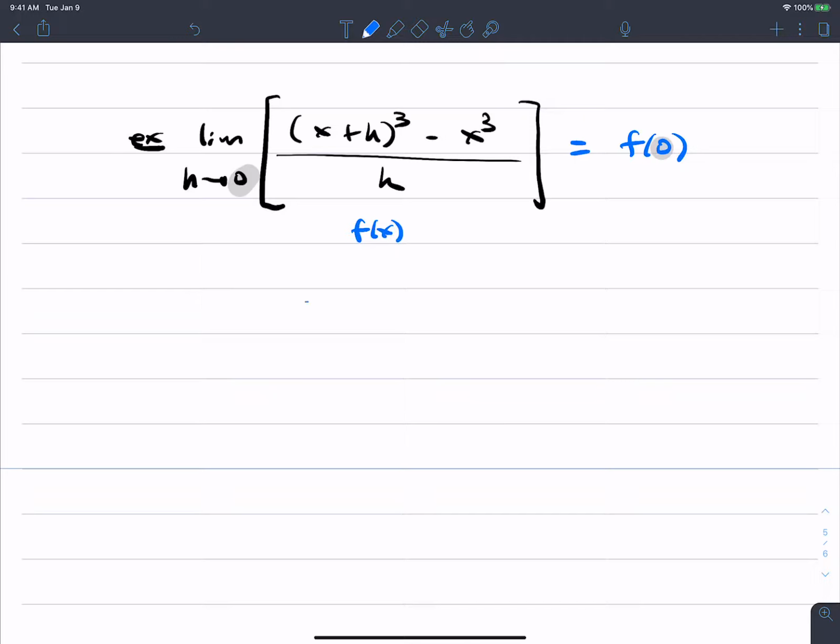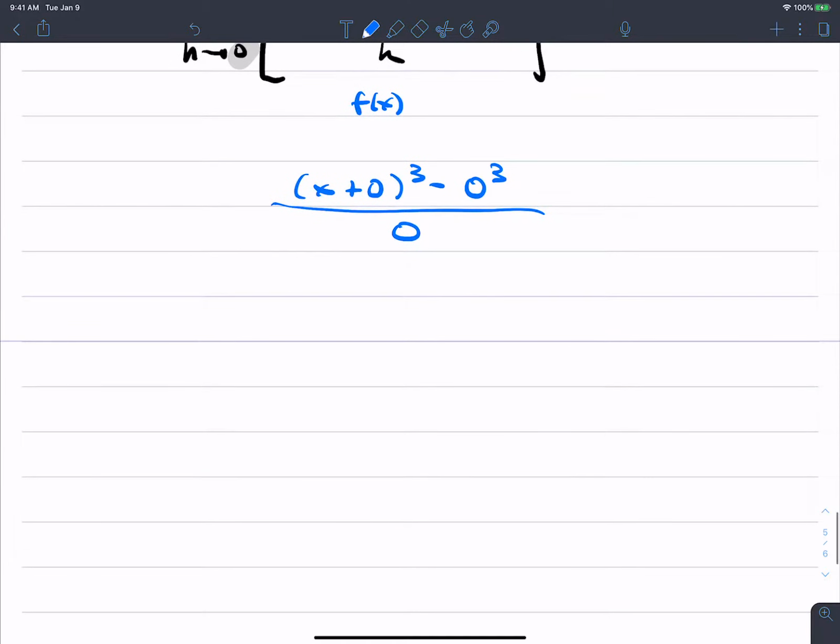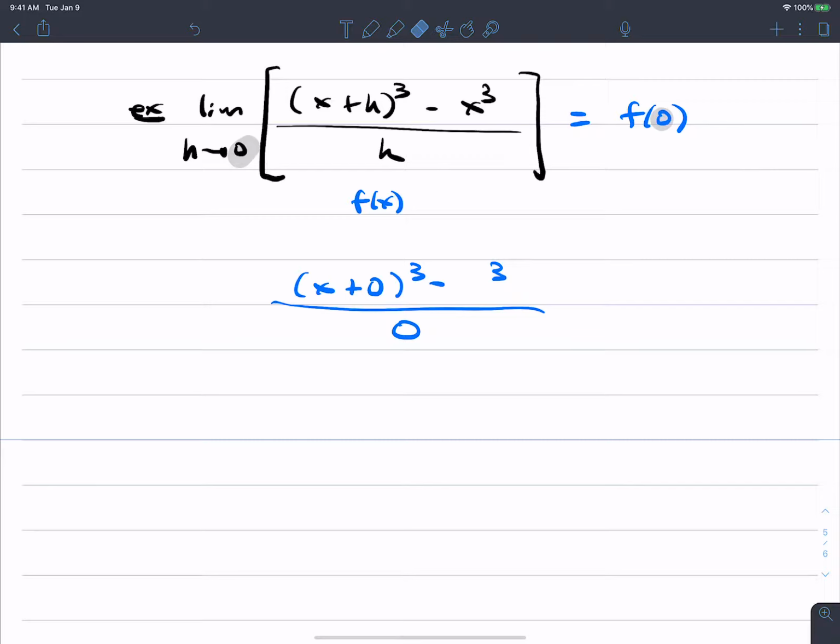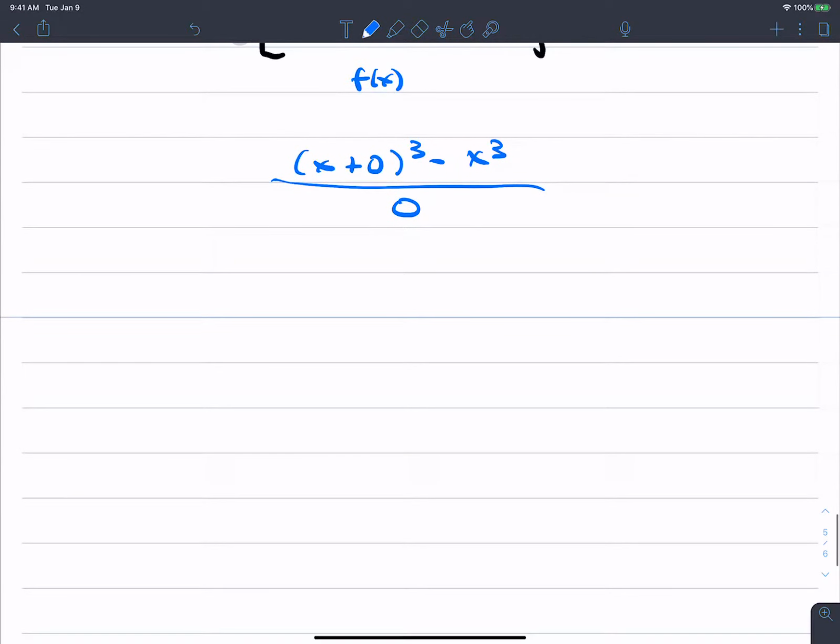So this gives us x plus 0 cubed minus 0 cubed over 0. I'm sorry, that's an x. We end up with x cubed minus x cubed over 0, which is 0 over 0.